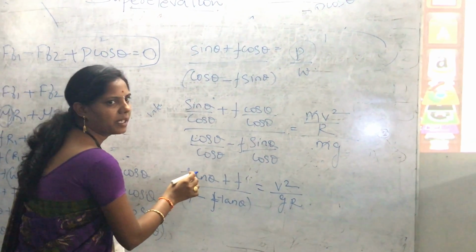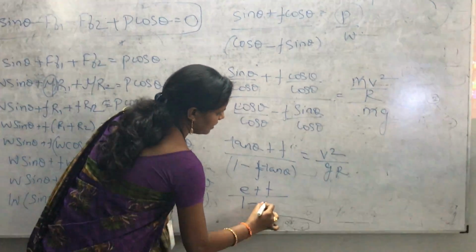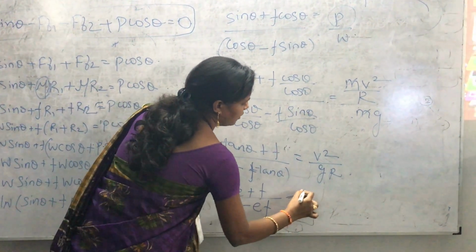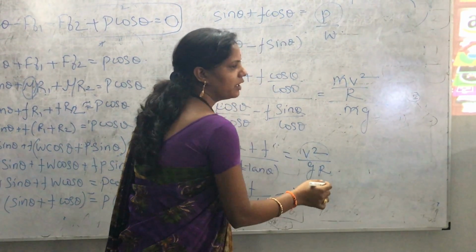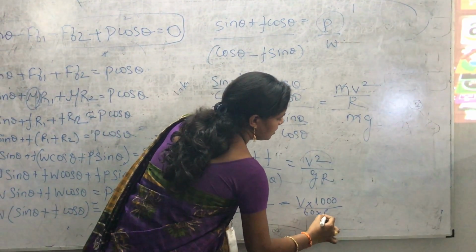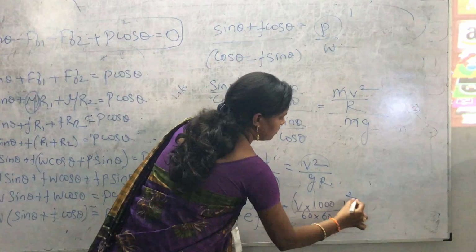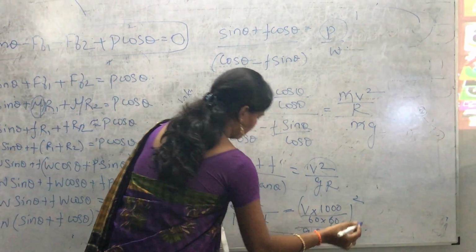Tan theta can be represented as e. So e plus f divided by 1 minus e f is equal to v, which is in kilometer per hour, converted into meter per second, 1000 divided by 60 into 60, the whole square, divided by 9.81 into R.